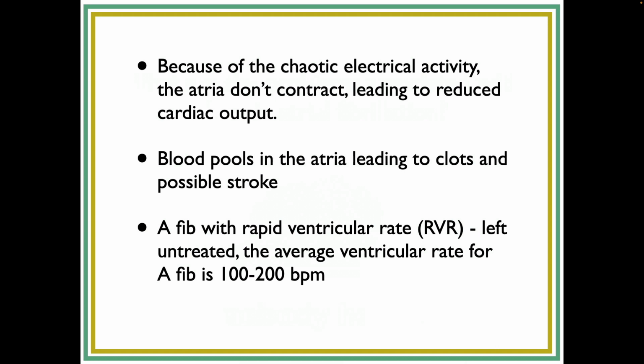It's true that the fib waves can be happening at 600 a minute. Those depolarizations in the atria are incredibly fast, and most of them are not getting through, but even if some of them get through, it's really fast. So with untreated AFib, the problem is the rate. And that's typically when we get called for AFib, when it's too fast. So I would say those are problems.